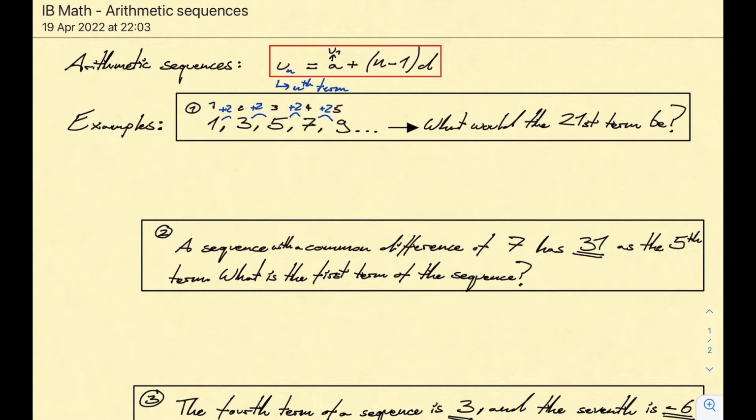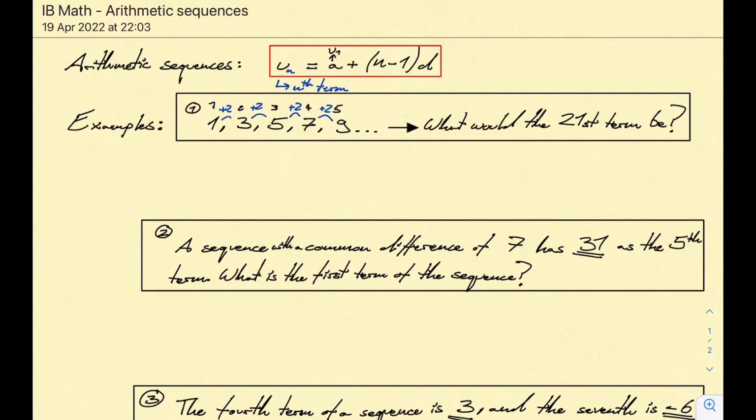So in case we want to find the third term, we would substitute that n by a 3. Then there's this minus 1, and all of this is multiplied by d, which is what we explained before, the common difference. In this case, it would be 2.